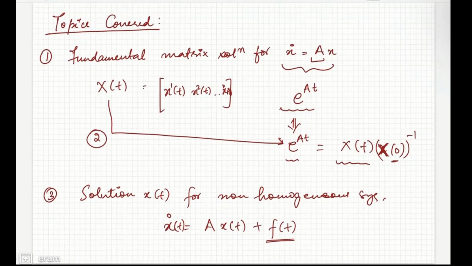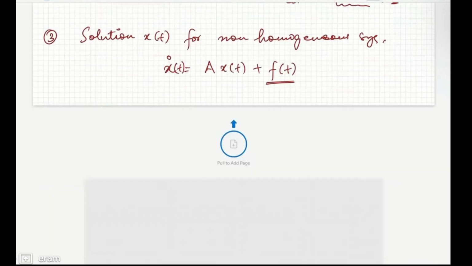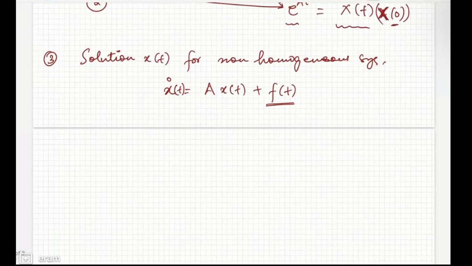How do we find the solution for such systems? Obviously, the solution where A is constant can be given as x(0), the value at the initial condition, times e to the power At, or the more generic form, the state transition matrix.